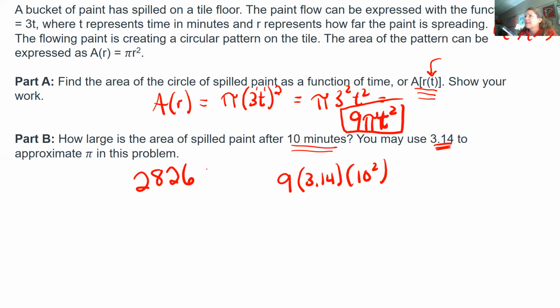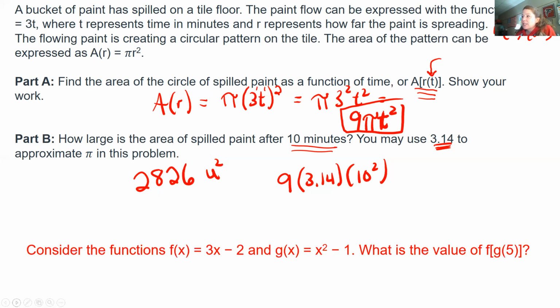It doesn't say. All right, anyway, how large is the area? It's 2,826 square units after 10 minutes. Now you're not going to have the same problem, obviously, but hopefully this example can help you on your test tomorrow.